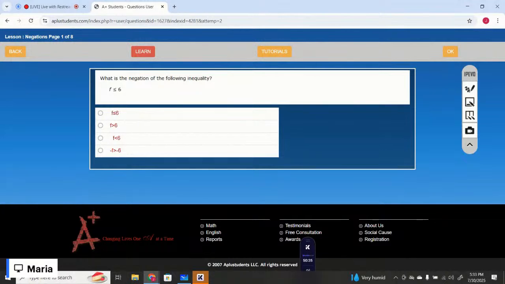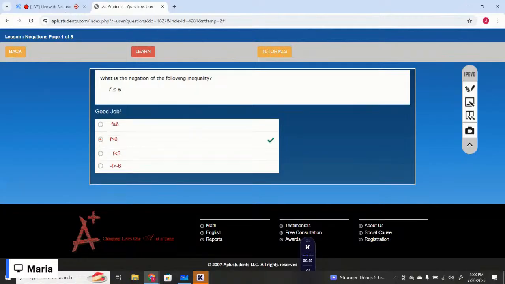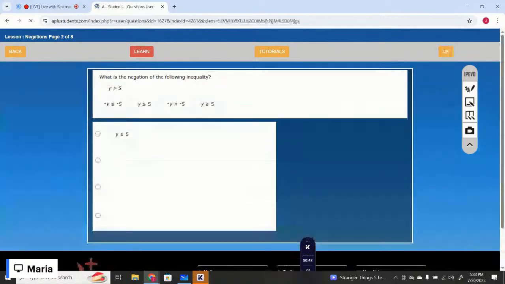What is the negation of the following inequality? F is less than or equal to 6. So the negation is f is greater than 6. Option 1 is the correct option. What is the negation of the following inequality?